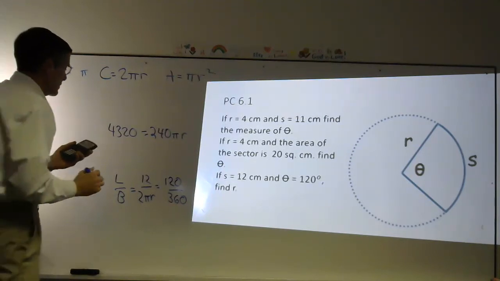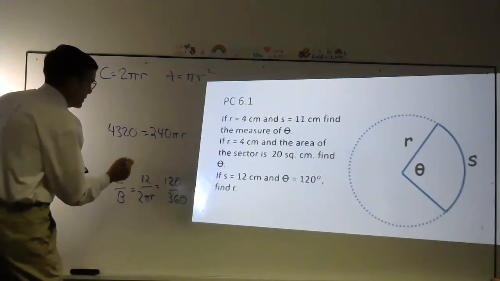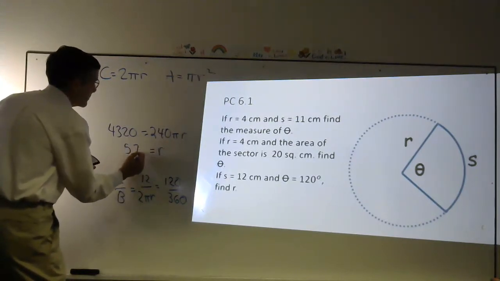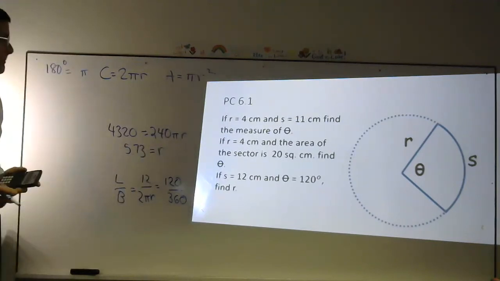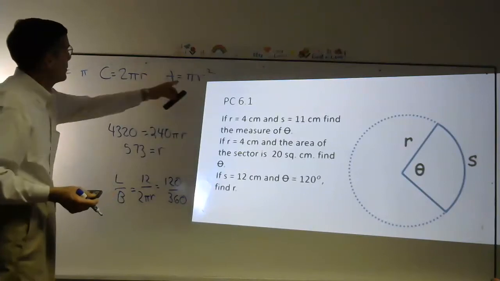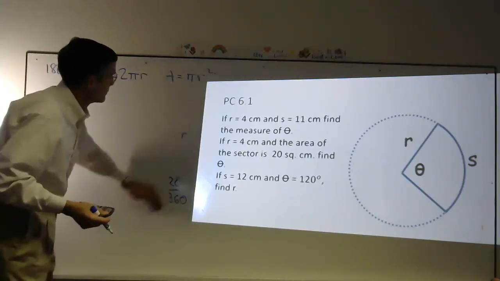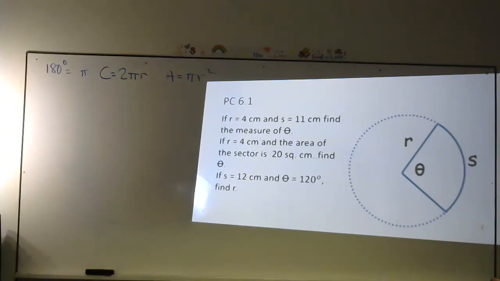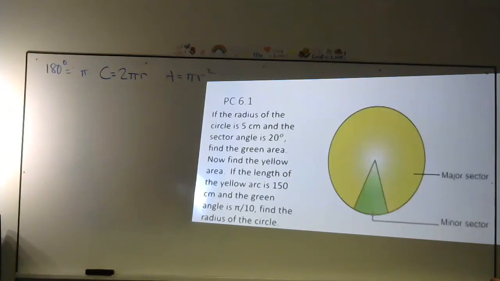And I get that the radius is 5.73 centimeters. Okay? Using what we have up here and doing a proportion of little to big, I think is the best way to do these problems.